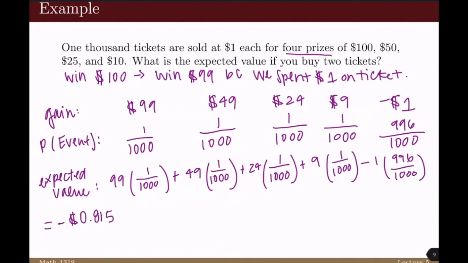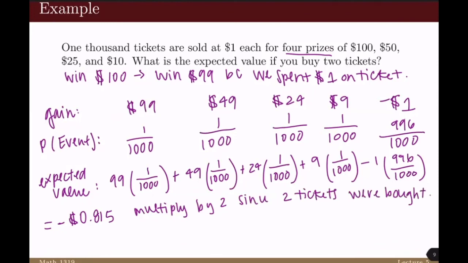However, we need to multiply by 2 since we bought 2 tickets. So that means our expected value is equal to negative 1.63.